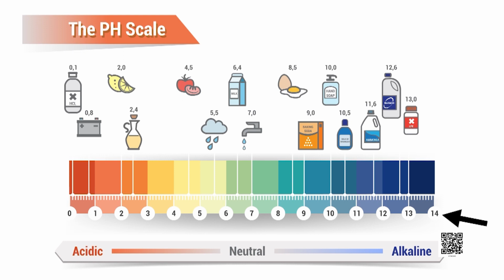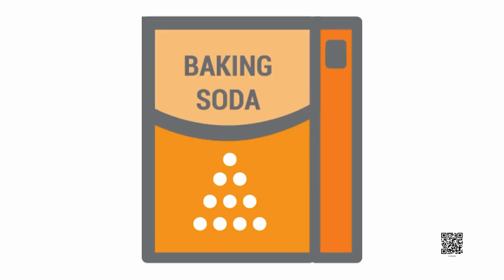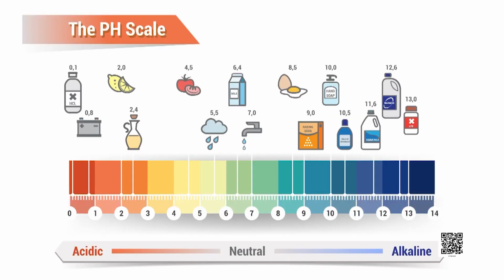Next is bleach, oven cleaner. Next you can see ammonia solution, then baking soda. Baking soda comes at the next level. We can also use baking soda for your gut. You can take it for eating purposes also.